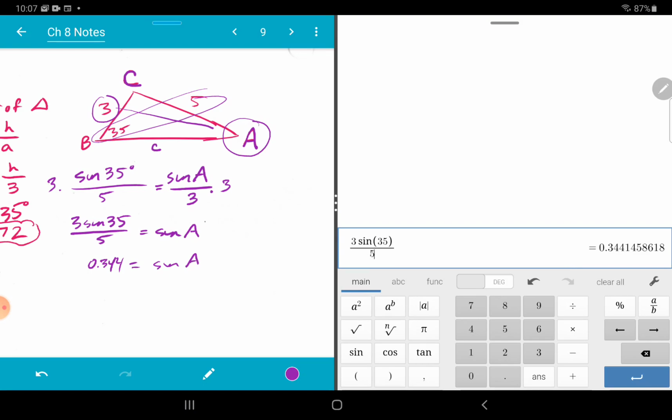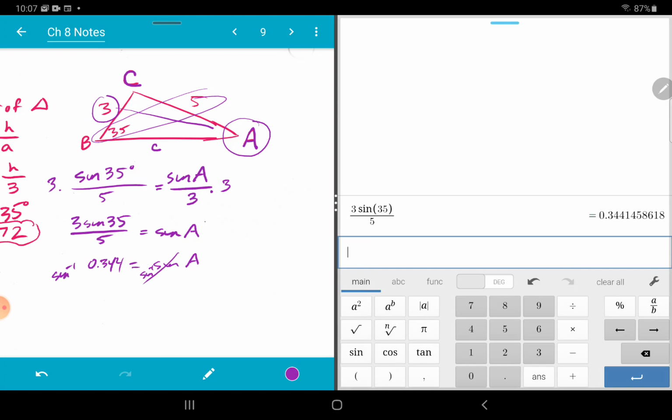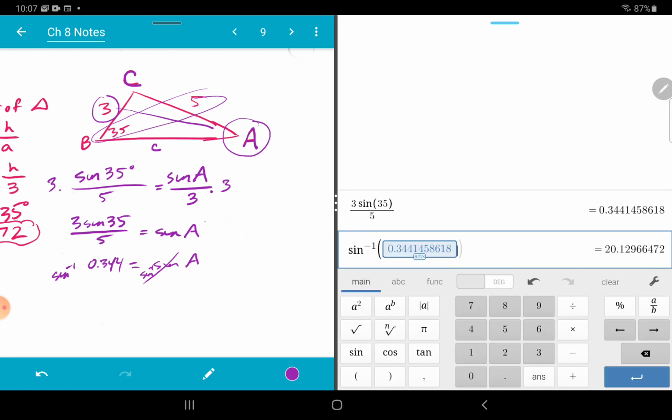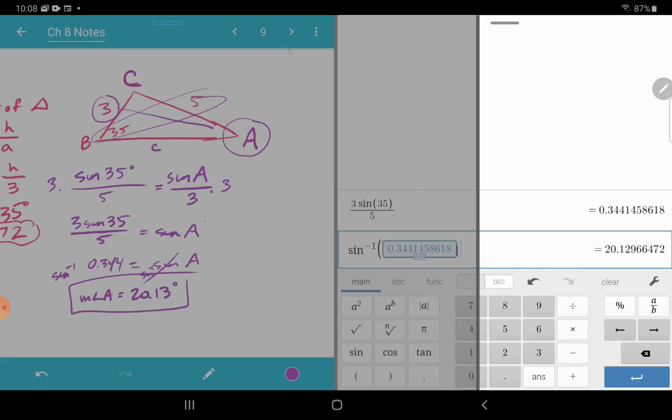To solve for this value of A, don't forget that I need to arc sine both sides to get rid of that sine there. So I'm going to arc sine of the answer, and that's going to give me a measure of angle A equal to 20.13 degrees right there. Remember that this is an approximated value though. My true value is in my calculator, which I'm going to leave off to the side right now.